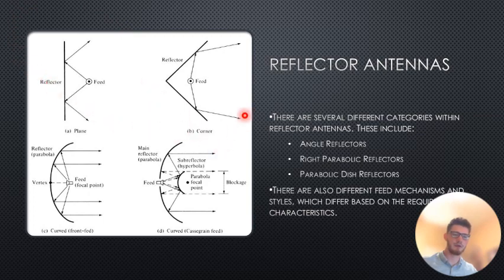You have the corner reflector, or it's referred to as an angle reflector, and you have a front feed and a center feed parabolic dish reflector in this particular diagram. There's also several different feed mechanisms, as I mentioned. There can be front feed, offset feed, and also center feed, and that's just within parabolic reflectors.